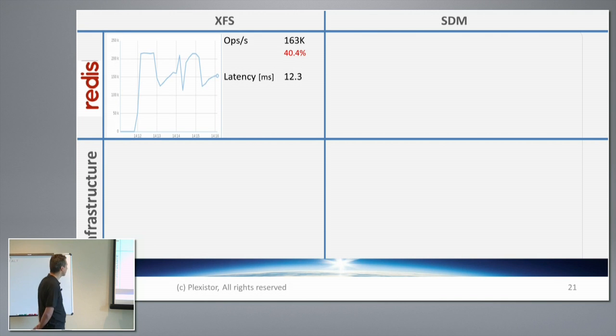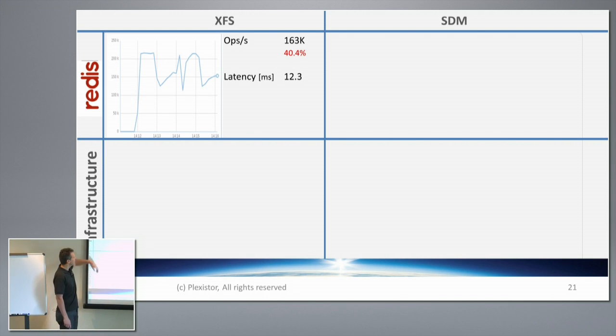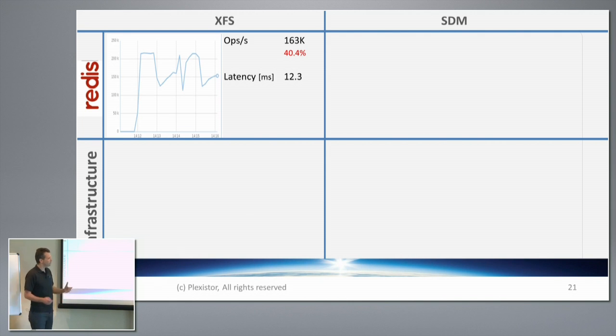That's it. So when we ran Redis, what you see here is operations per second. We got 163,000 operations per second on average. The standard deviation in terms of percentages was very high. You see, it's very noisy, and you get these fluctuations in performance. So the performance itself is not really predictable.